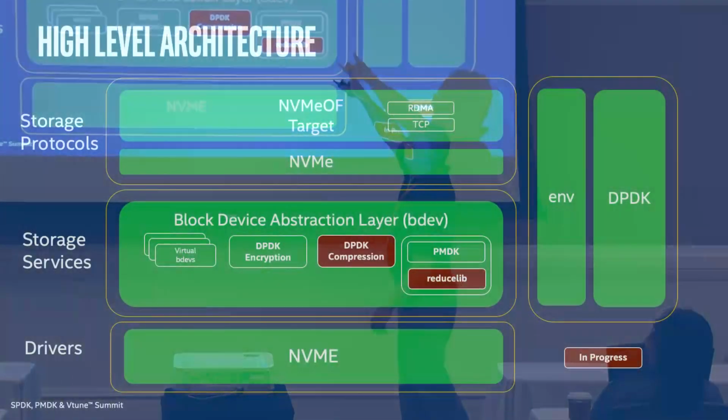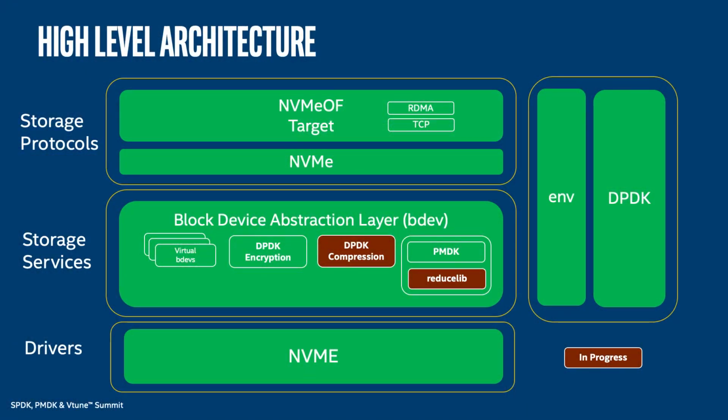And then over here is what I mentioned earlier, the reduce lib, and then PMDK. So I think we might be the only feature that's using PMDK right now. Yeah, we've got the libpmem block module, but this is really the main one. Yeah, this is actually using it as part of a bigger feature. Yeah, the libpmem block how it was intended, taking persistent memory and exposing it as a BDEV.